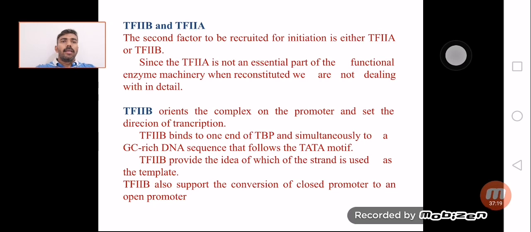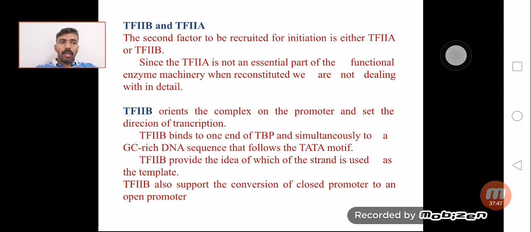Fine. So now move to the other factors, TFIIB and TFIIA, of which TFIIA is of least importance as it is not required when the system is reconstituted in vitro. So we will not be discussing much about TFIIA. But usually B and A are recruited almost simultaneously after the TFIID recruitment to the promoter site.